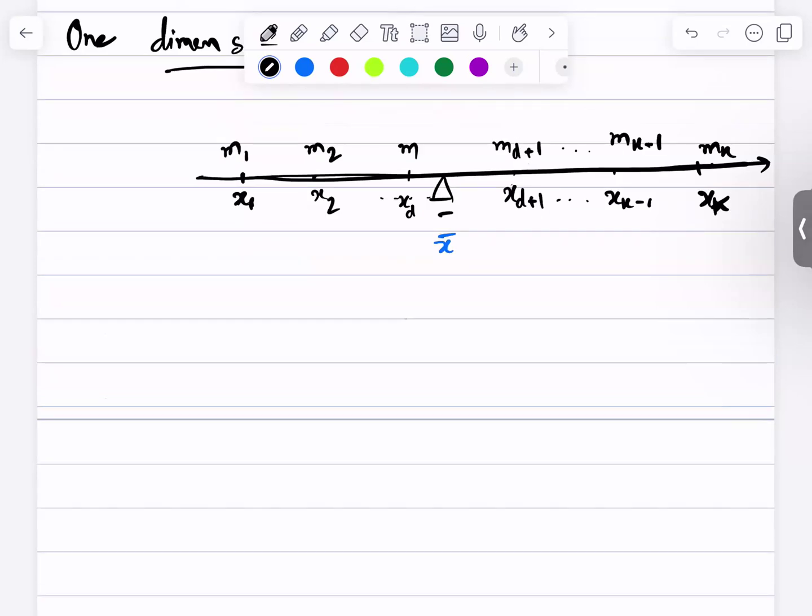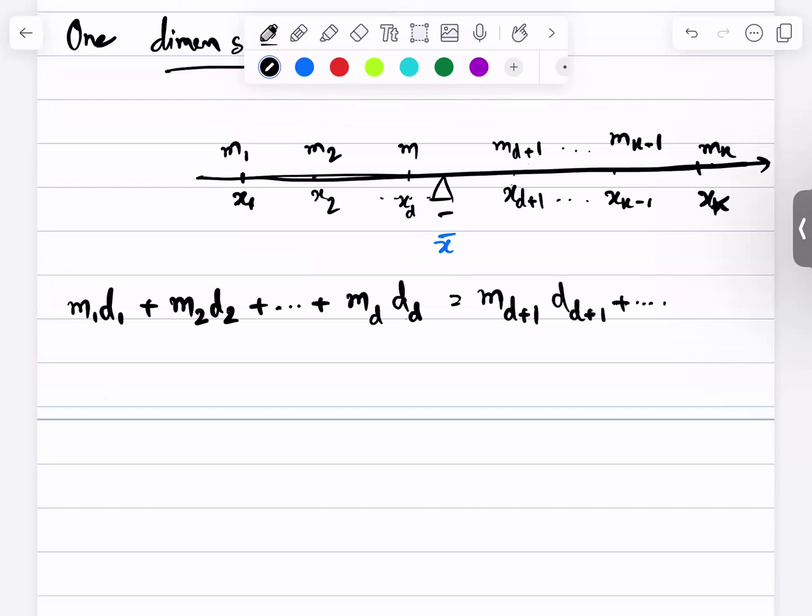This string of points will be in balance if m1 d1 plus m2 d2 plus so on, up to md dd, is the same as md plus 1 d plus 1 plus so on, mk minus 1 dk minus 1 plus mk dk.